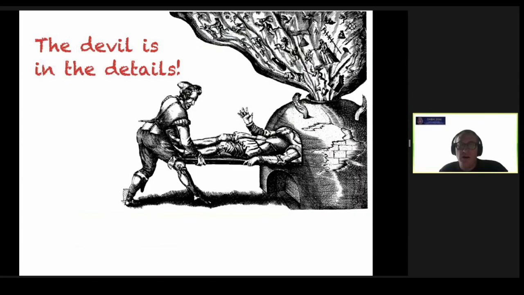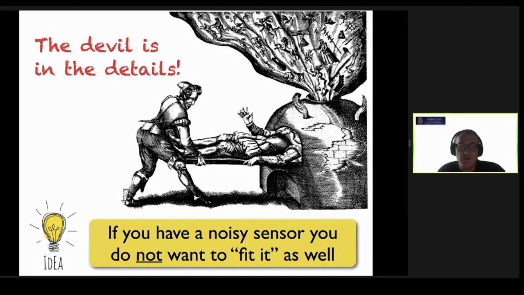So now I would say that the devil is in the details, and in order for you to understand this, I'm going to suggest the following thought experiment: you have a sensor that is extremely noisy, and in the end you would like to be able to do this dipole fit, even if you have this sensor that is there, that maybe contains signals, but is just way more noisy than the others.